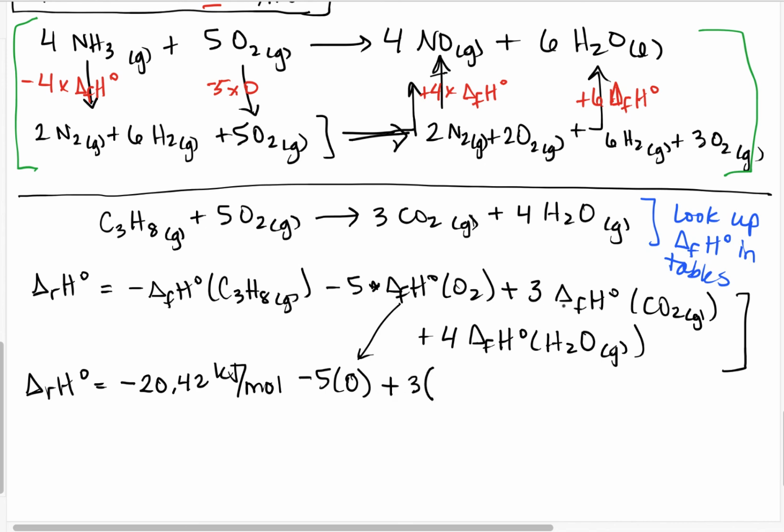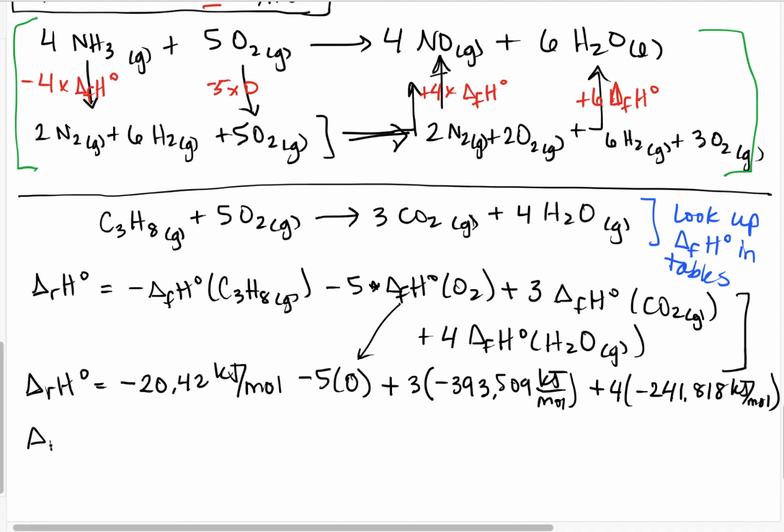All right, so now we're making carbon dioxide, and we have 3 moles of it, or 3 molar equivalents. So we've got -393.509 is my formation enthalpy for carbon dioxide gas. And then I have 4 water vapors, which has -241.818 kilojoules per mole.